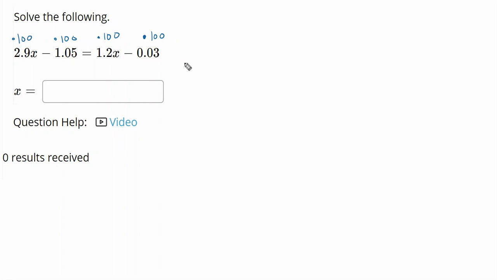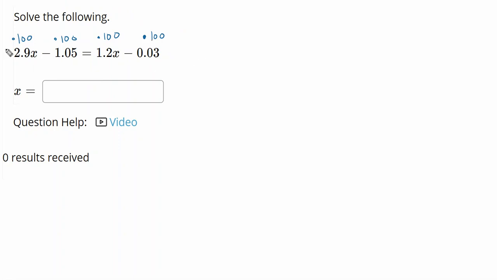We didn't change the equation at all. It's still the same equation, because we multiplied everything on the left side by 100, and we also multiplied everything on the right side by 100. So it didn't make a difference in the end. It's equivalent, just in a different form.